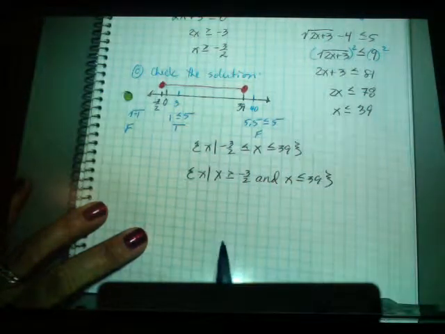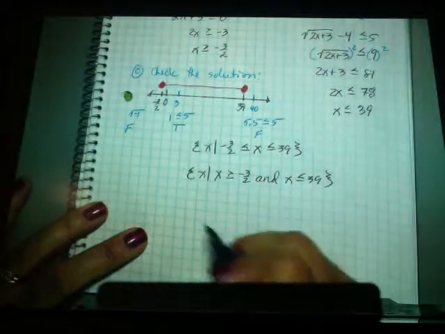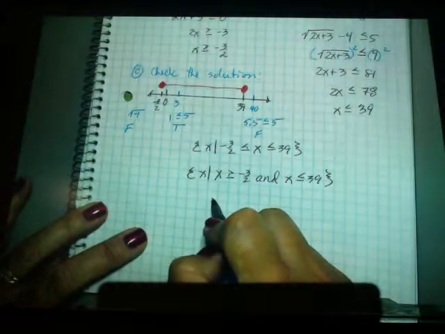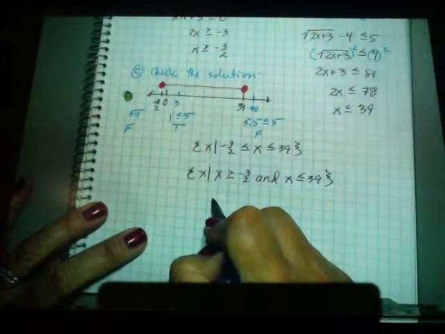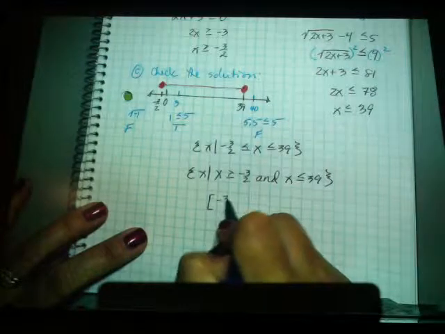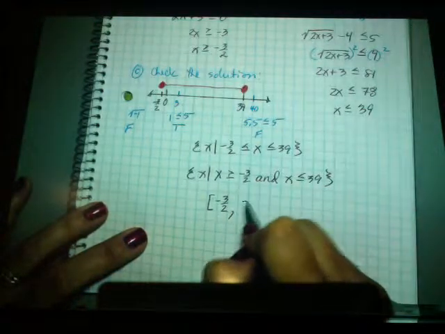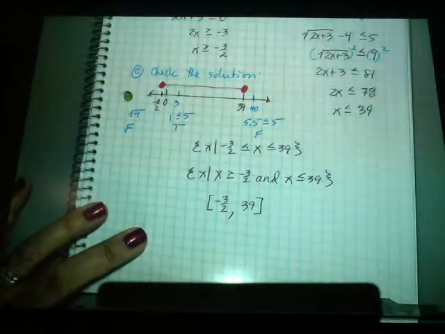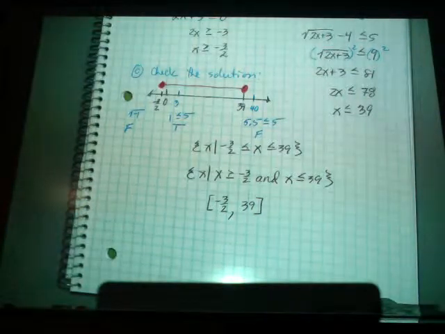Or what's interval notation look like? Left bound, right bound. A bracket at negative 3/2 and a bracket at 39. So any of those three are good answers.